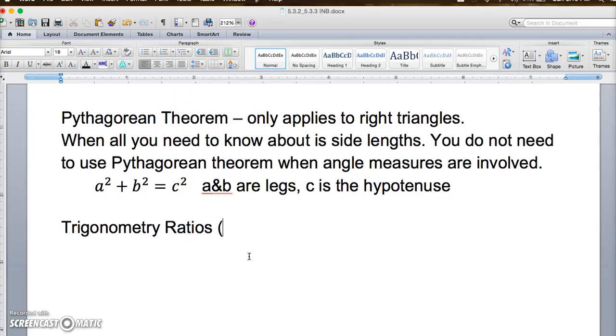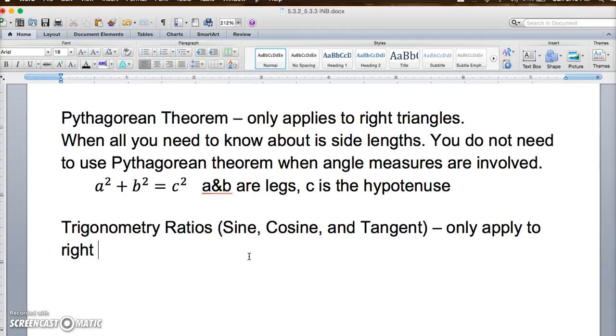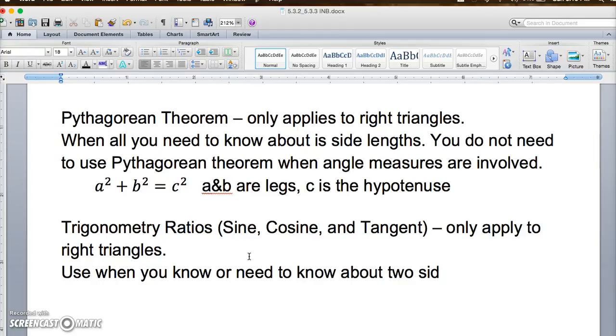Okay, the trig ratios, that would be sine, cosine, and tangent. Remember, these only apply to right triangles. Use when you know or need to know about two sides of the triangle and one angle measure.